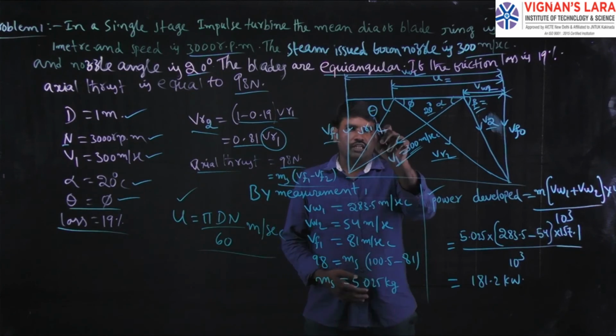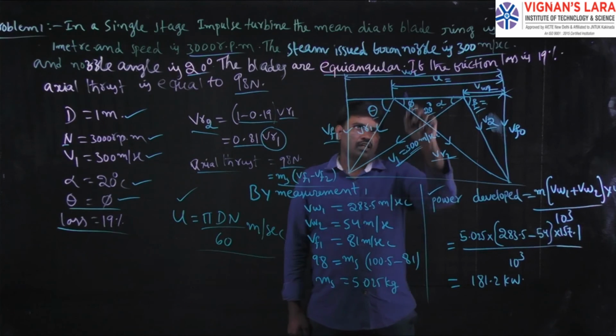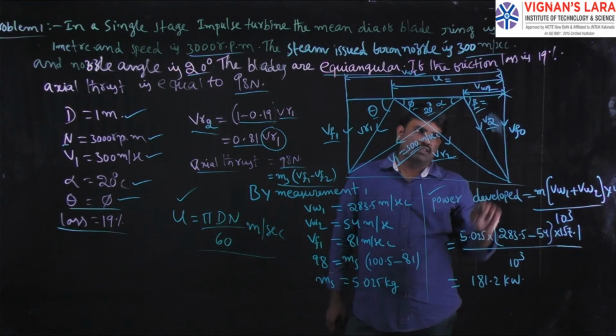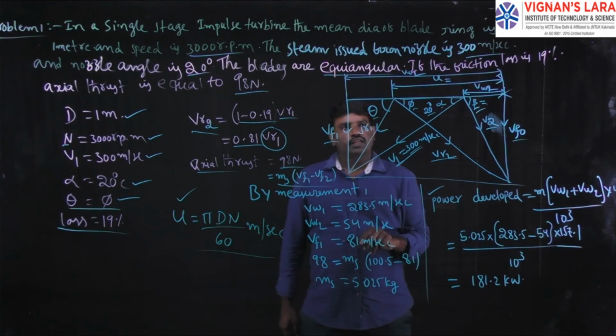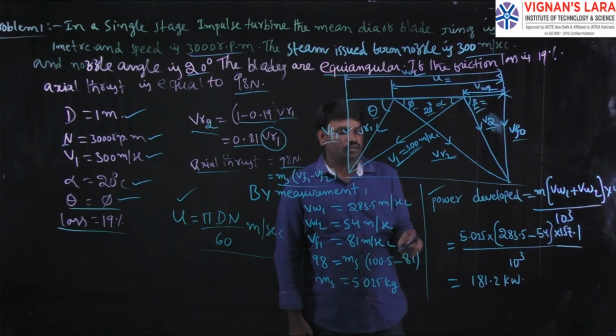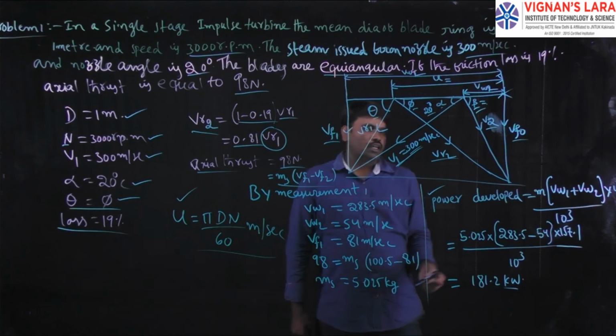From the complete combined velocity triangle you can easily evaluate all parameters. Theta and phi you can easily measure from the combined velocity triangle. Vr2 you can measure, Vw1 you can measure, and Vw2 you can measure. Vf you can measure, and beta and V2 also you can calculate. In the present problem he wants to calculate the power developed by the turbine in kilowatts.